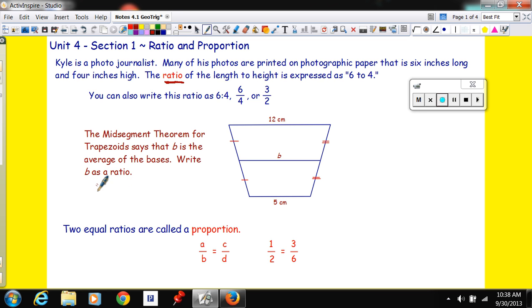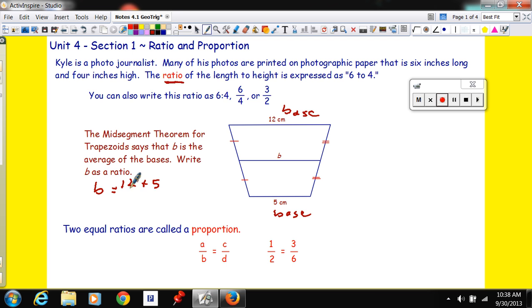Now that means just write B as a fraction. So in this case, B equals. Now how do I find the average of my two bases? This is a base in a trapezoid, and this is also a base in a trapezoid, because these are the two sides that are parallel to each other. So how do I find the average of two numbers? Add them together, divide by 2. Good. So you're going to have 12 plus 5.